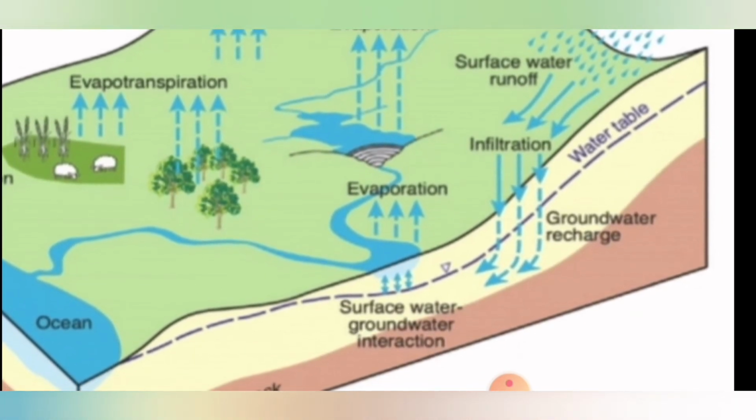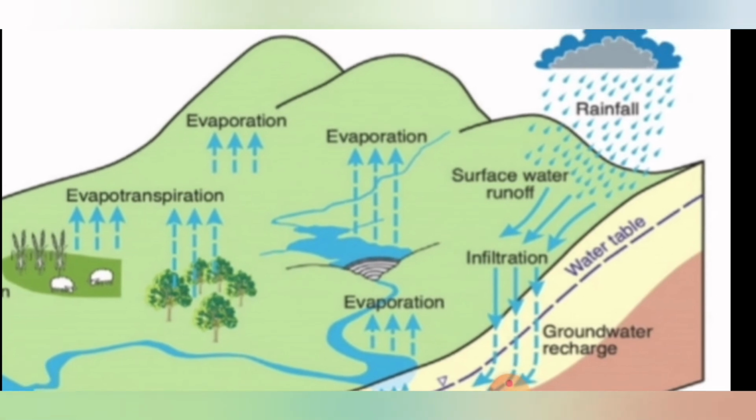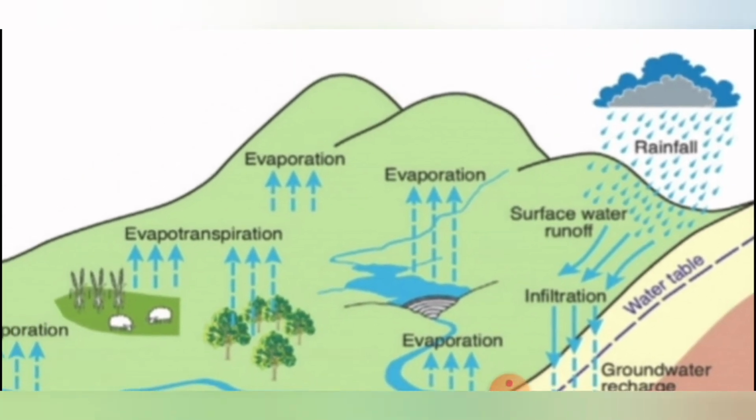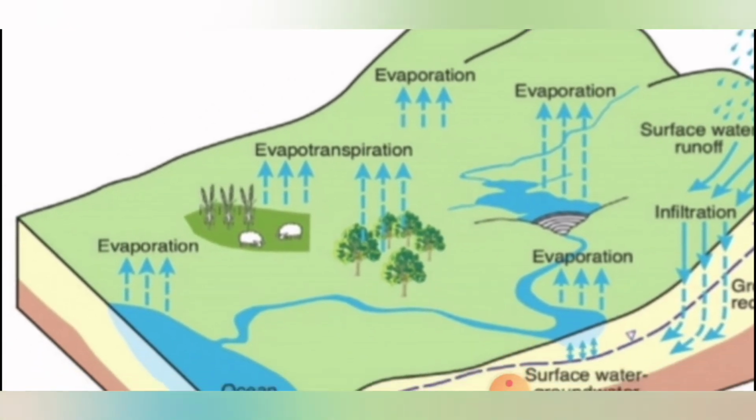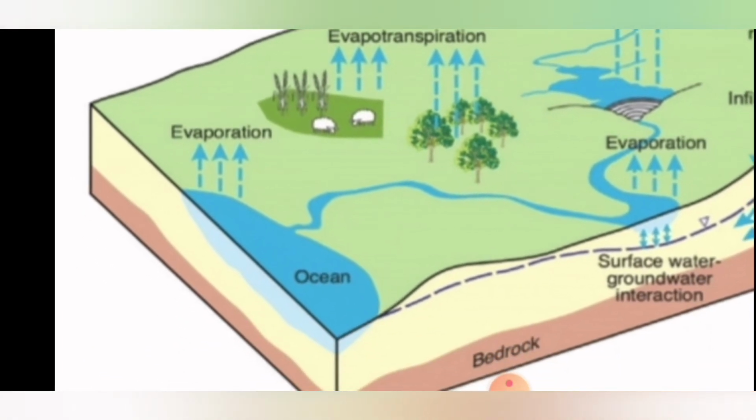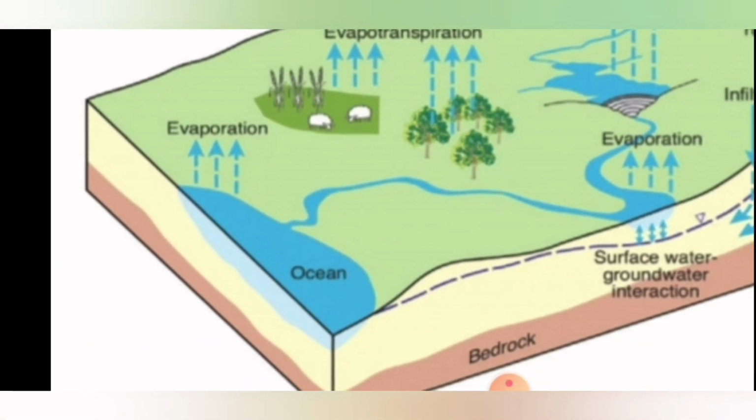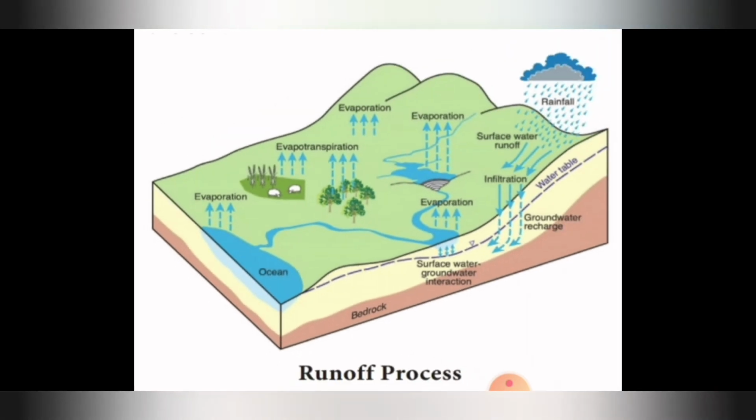Next, evaporation occurs through vegetation, and the remaining water runs to the ocean. Got it? So, this is the runoff process.